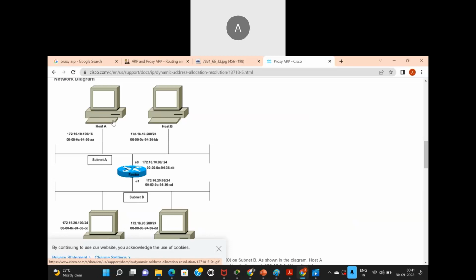Any packet you send, you now think this is the MAC address of this PC, which is not the reality. The reality is a different MAC address. But you send the packet to the router, and the router sees that packet and forwards it because it knows how to get to this site. So basically, the router is working as a proxy or a mediator in between.